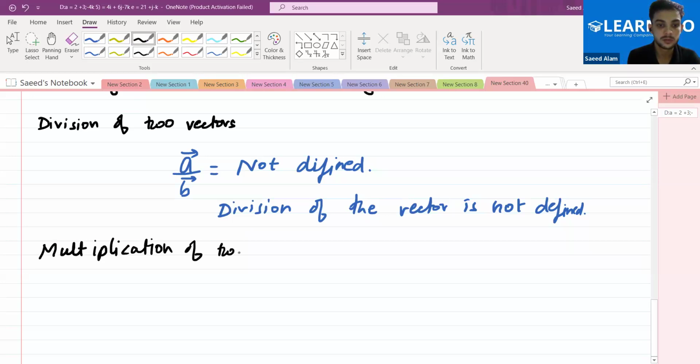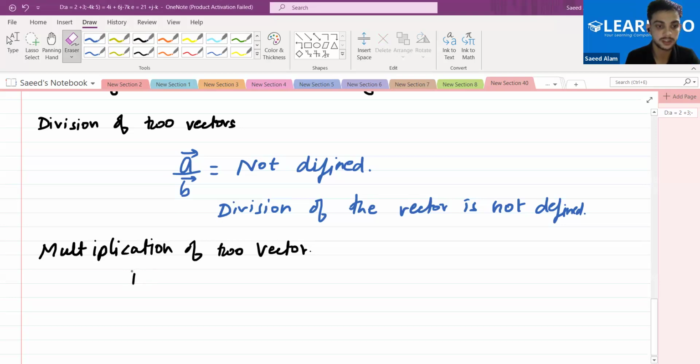Again, two vectors will be given to me, and someone will ask what we will get if we multiply these two vectors. Whenever we multiply two vectors, there are two ways to multiply them, and both results are different. So we'll see both of them here.